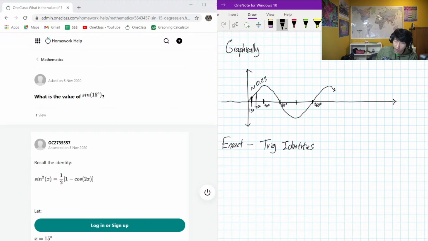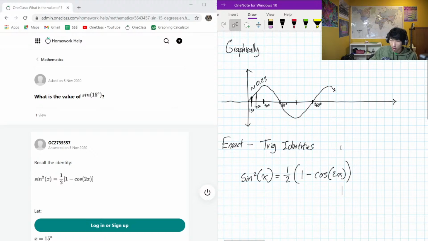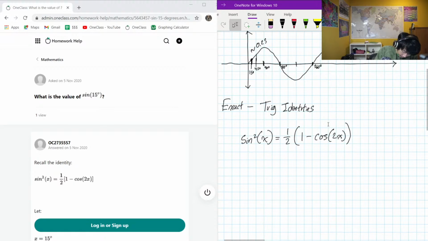Okay, so the main one that we want to use here is that we know that sine squared of x is equal to 1/2 of 1 minus cos 2x. Okay, so if we have x is equal to 15, then we could rewrite this as sine squared 15 degrees, or instead I'll actually write it this way.